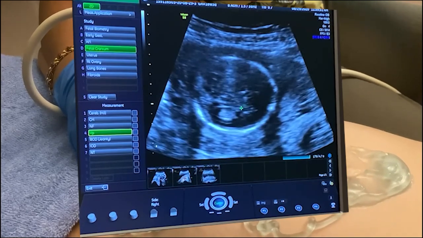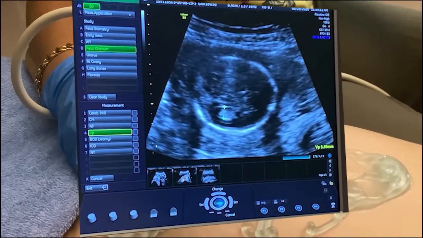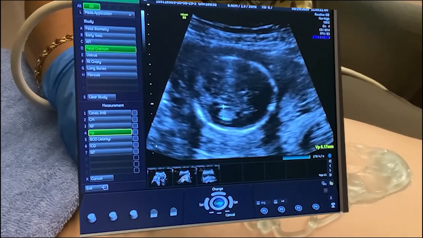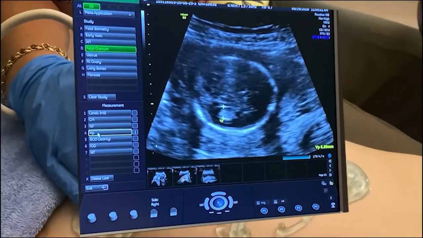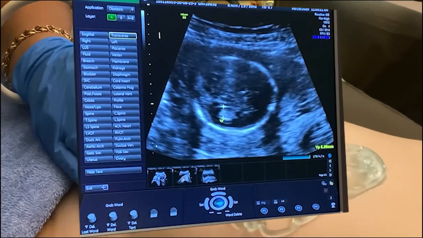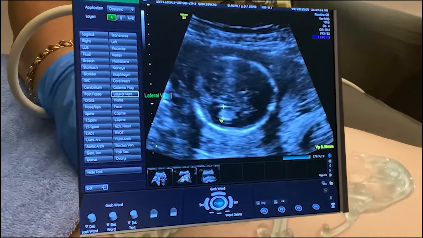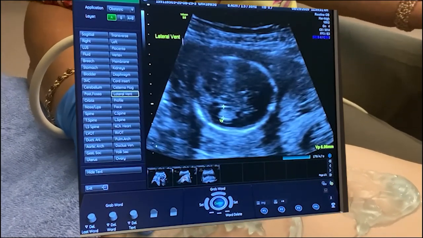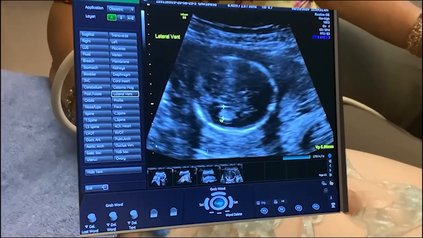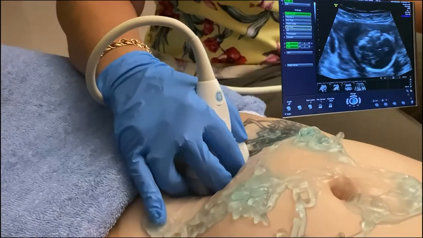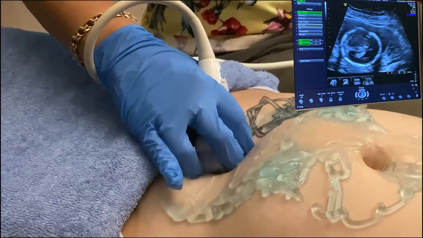That means ventricle posterior, and we're going to measure towards the posterior part of the downside, and we don't want it any larger than about 10 millimeters, which is the upper limit of normal. And we can label that as well, although it's labeled here with the measurement. It's a little redundant.